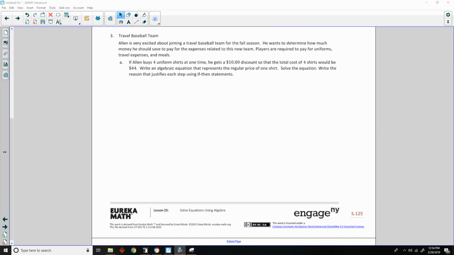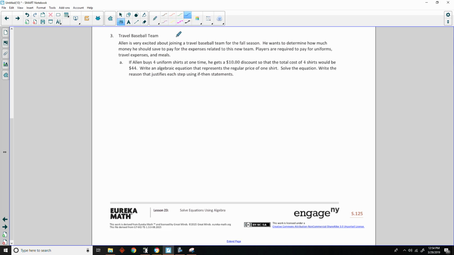Number 3, travel baseball team. All right, Alan is very excited about joining a travel baseball team for the fall season. He wants to determine how much money he should save to pay for the expenses related to his new team. Players are required to pay for uniforms, travel expenses, and meals.